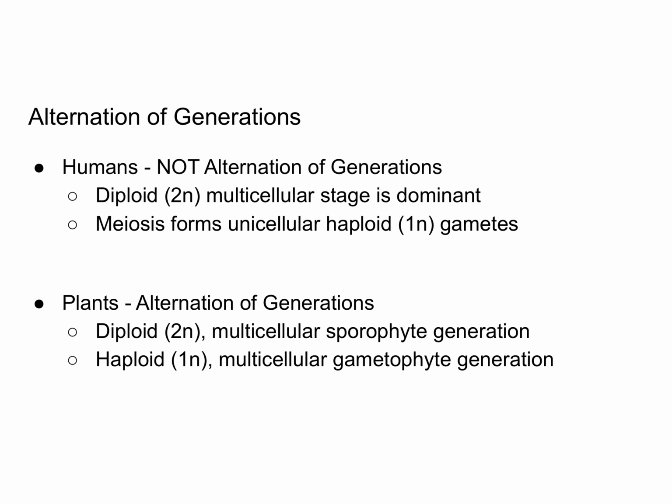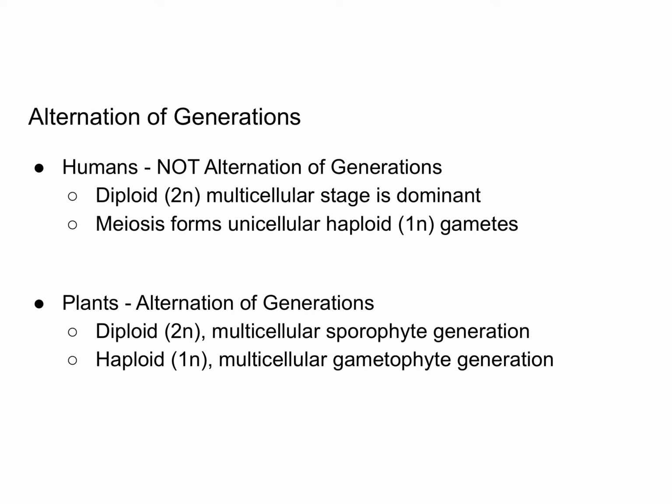So first let's talk about sexual reproduction in humans, because you might be somewhat familiar with this. In humans, we do not have an alternation of generations. What this means is that the dominant stage of a human's life cycle is a multicellular diploid stage. This means that the majority of our lives, we are multicellular organisms, and the majority of our cells are diploid.